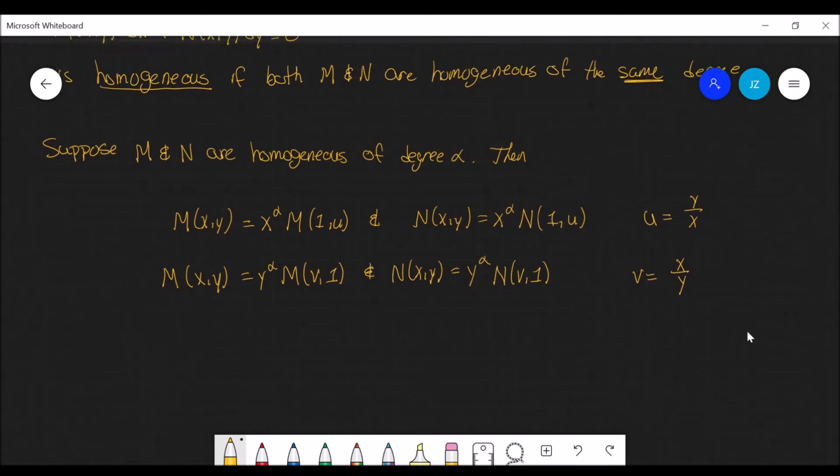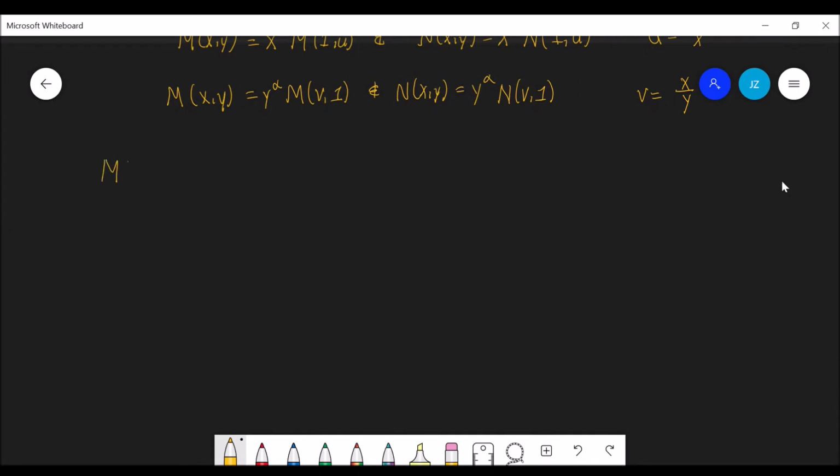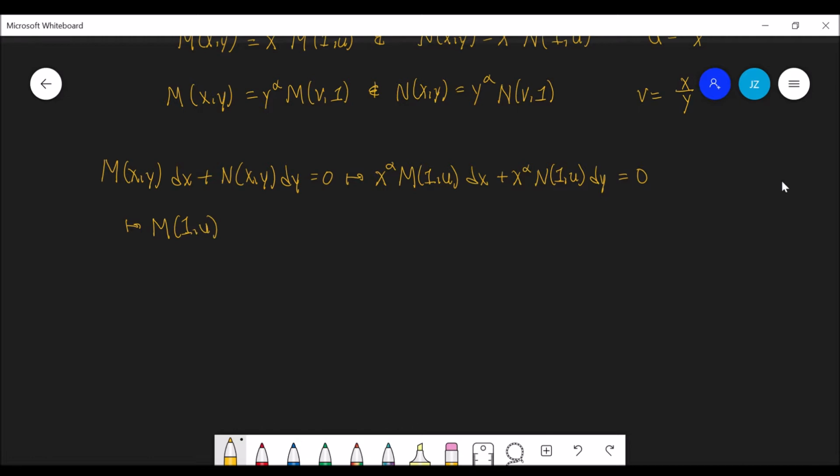We can rewrite M of x, y dx plus N of x, y dy equals 0 as x to the alpha M of 1, u dx plus x to the alpha N of 1, u dy is equal to 0, which can be written by dividing everything by x to the alpha as M of 1, u dx plus N of 1, u dy is equal to 0.